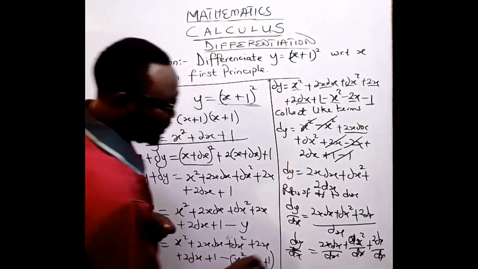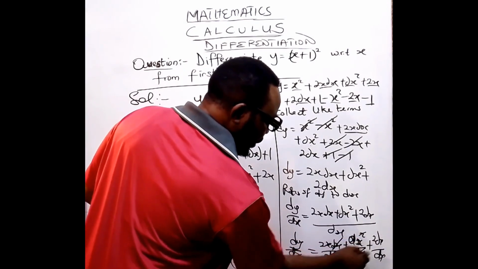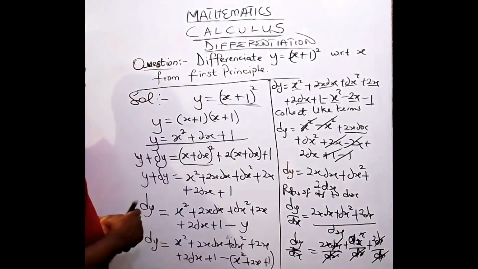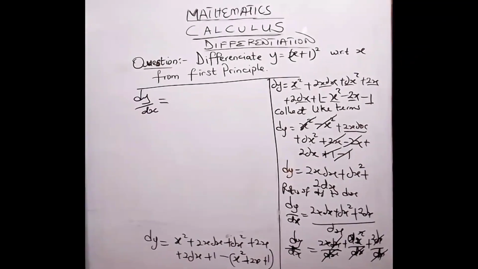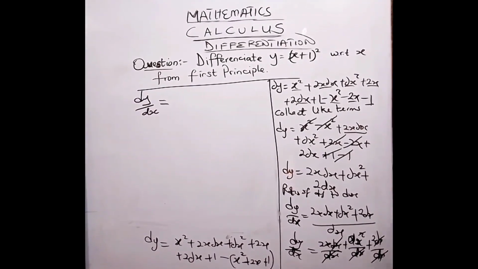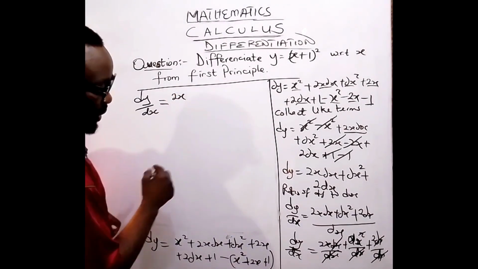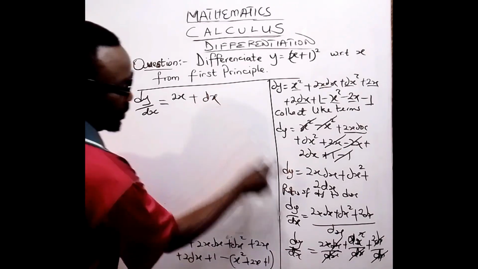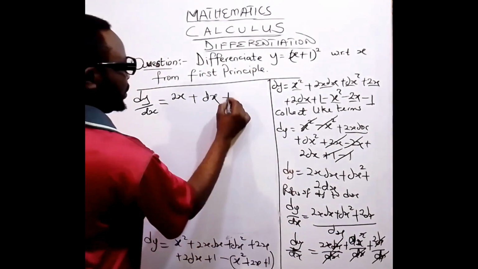So we are going to have now this one, it goes off like this. This one, we take one of these off. This 2 goes off as well. So we are left with dy over dx, as I've said earlier, equal to 2x plus dx. You know, it is one dx that we cut here, plus 2.